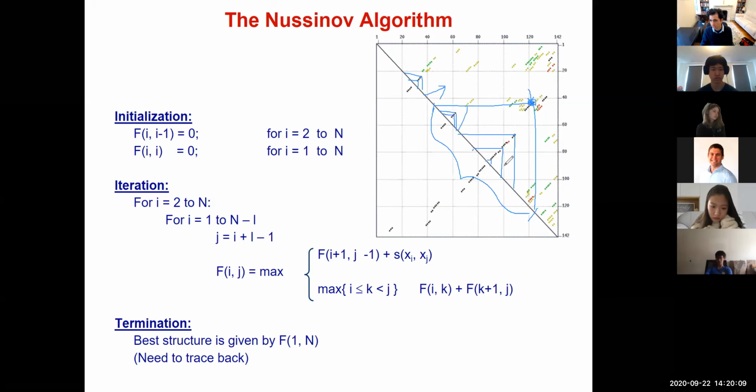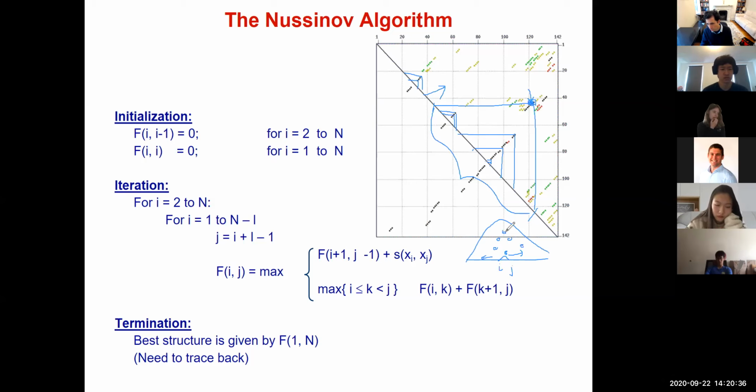So I have to move from the inside to the outside, from the center part here, where I'm looping together i's and j's that are very close on the sequence, out towards bigger triangles, computing all of the scores at each of those positions, which I'm going to use in my recursion formula.